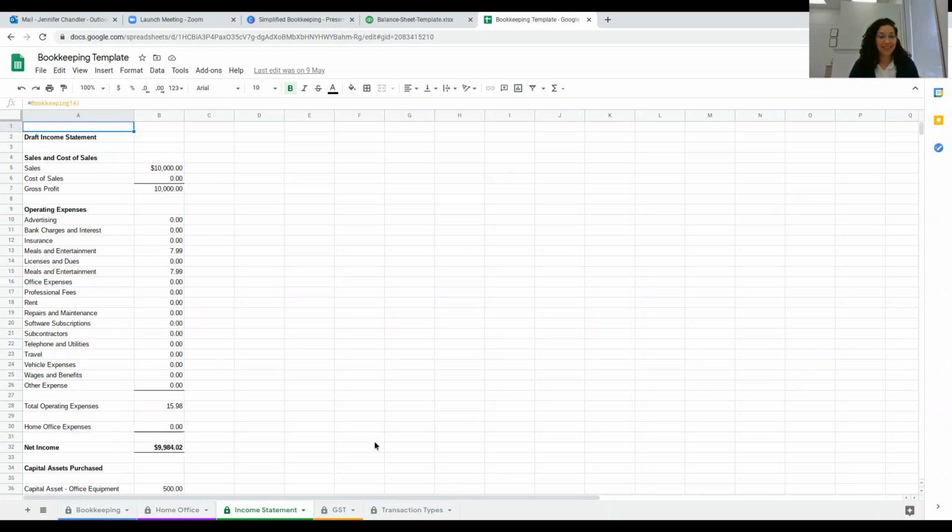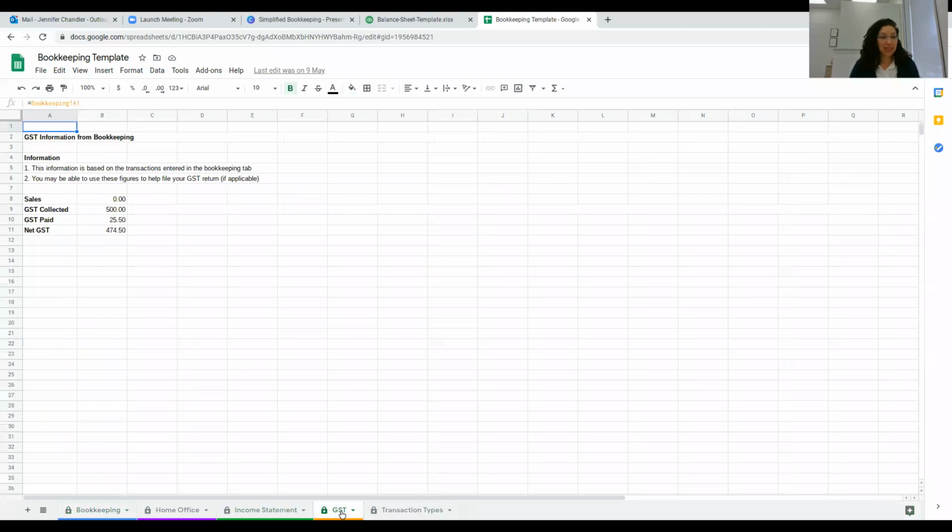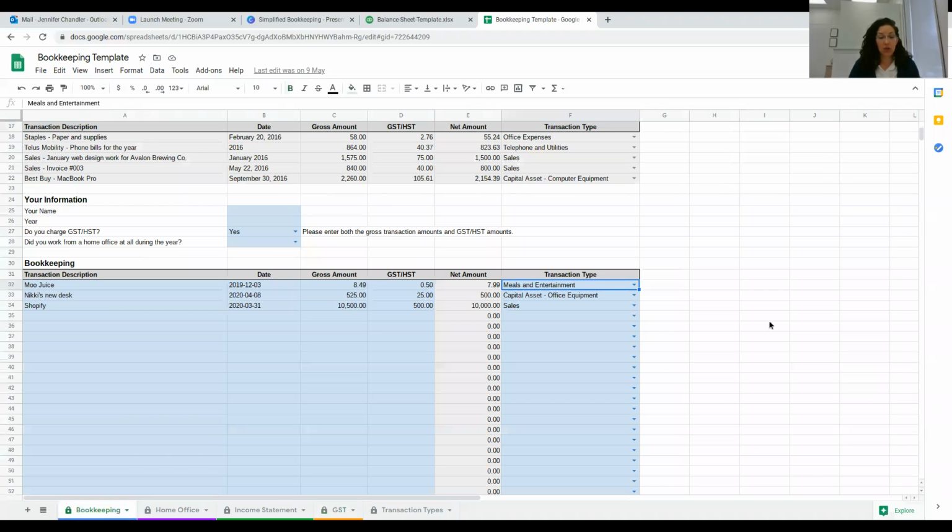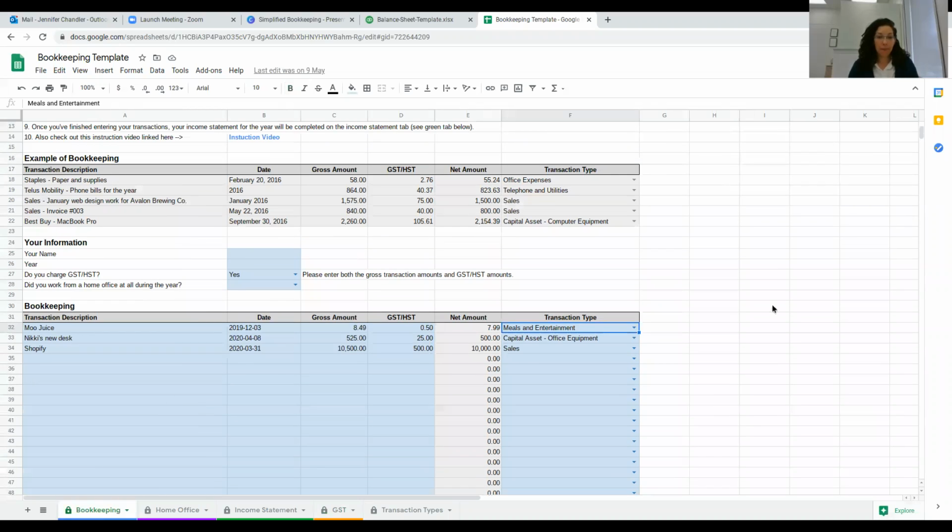Hopefully it's not a loss. And if you're charging GST or HST, it will track it all and put it in this tab. So when it comes time to pay your taxes, you know exactly how much you need to pay and how much has been written off.